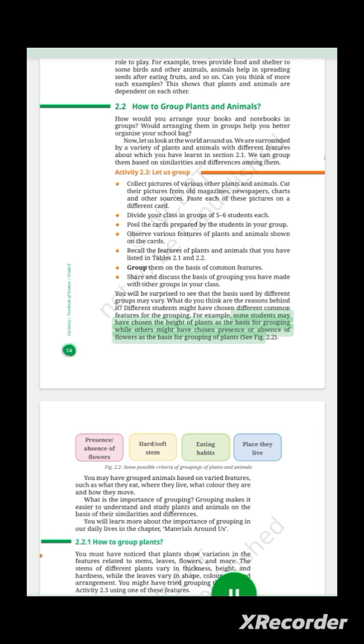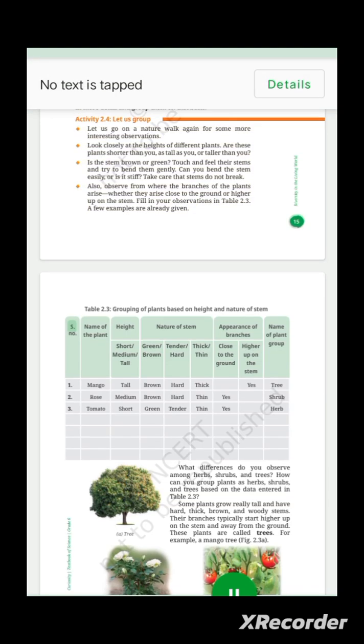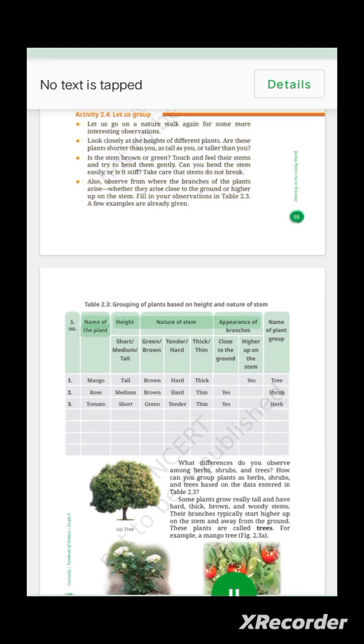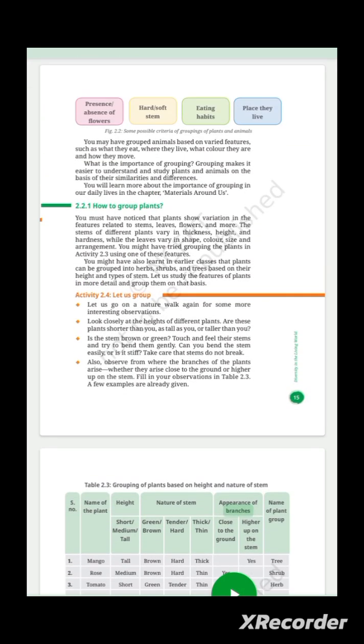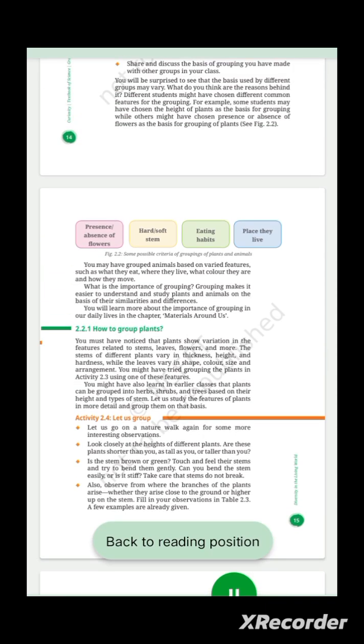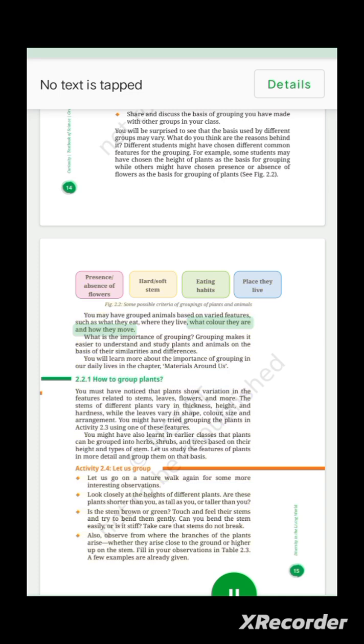See Fig. 2.2. Other features include the stem, eating habits, what they eat, where they live, what color they are and how they move.